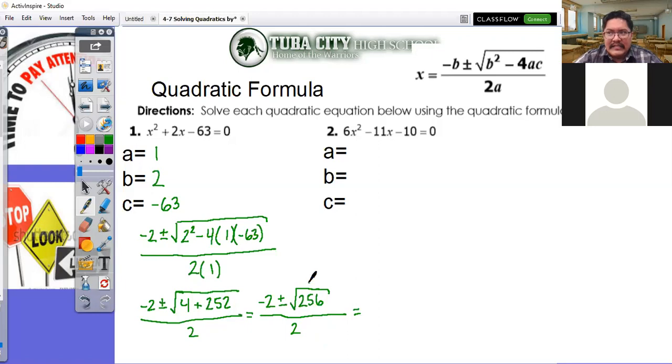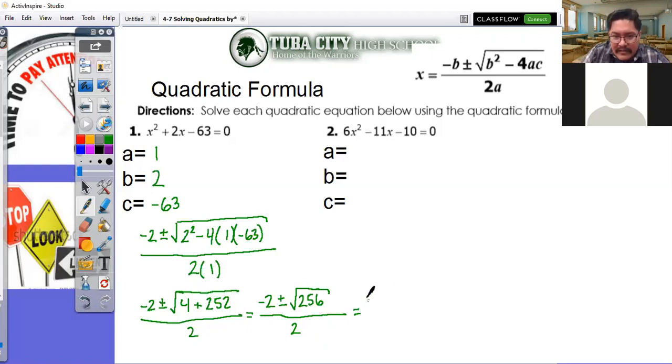Now, you've got to think back maybe 2 or 3 weeks ago when we were learning square numbers. One of the square numbers we learned was 256. That's why it's a good idea to memorize them, and not just for one assignment, because they're always going to come in handy a lot.